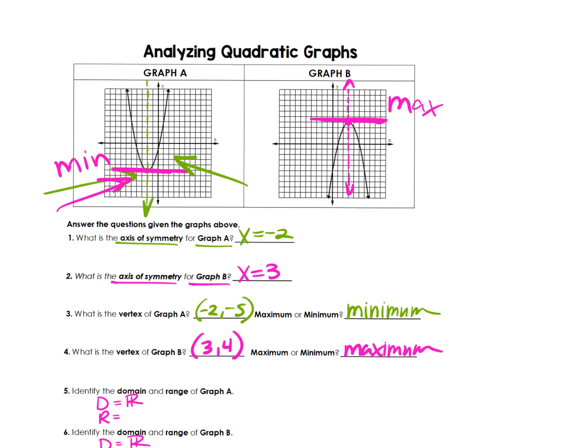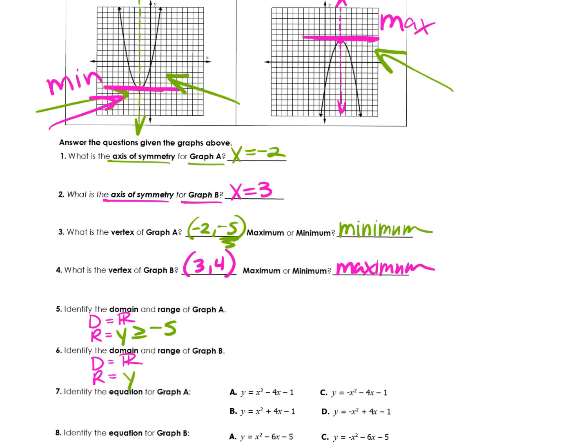Greater than, it's opening up. When it opens up, it's greater than or equal to. So y is greater than or equal to -5. On this one, y is less than or equal to this y value, the 4. Whatever your highest y value is, it's less than or equal to that.